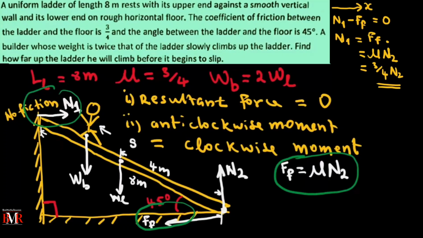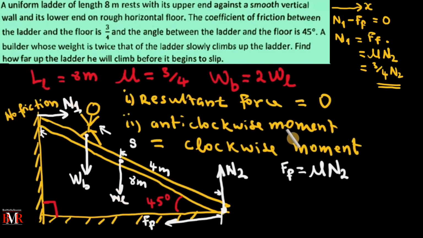Now, what about the forces in the vertical direction? That is in the y-axis direction. Let's take the positive y-axis to be the positive direction. The forces acting in the vertical direction are the weight of the builder, the weight of the ladder, and the normal force N2. I need to get the resultant of these forces.